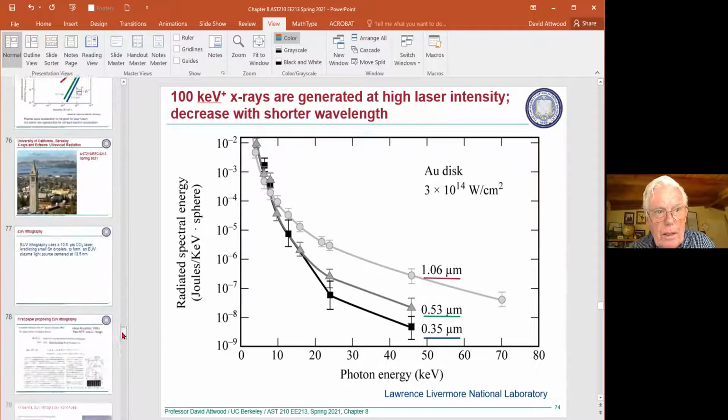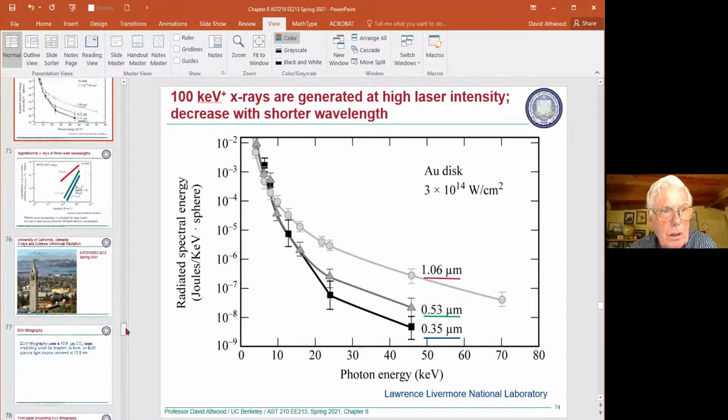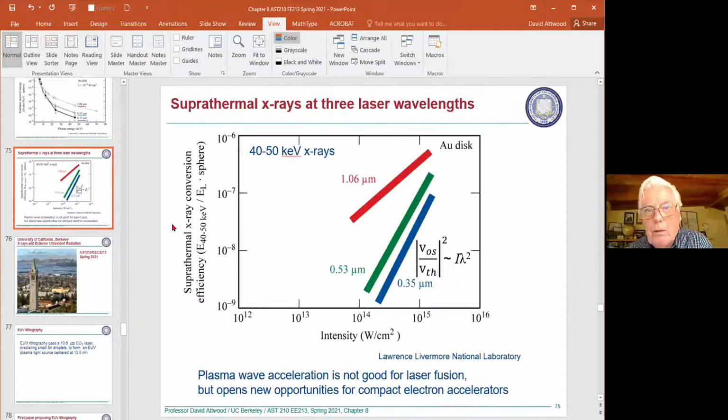So how have they done? Oh, I was looking for one more slide. So here's something about how many superthermal X-rays are produced at these different wavelengths. So this is, again, superthermal X-ray conversion efficiency, and this is as a function of intensity.